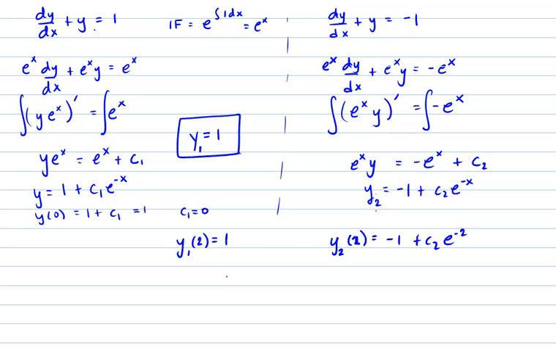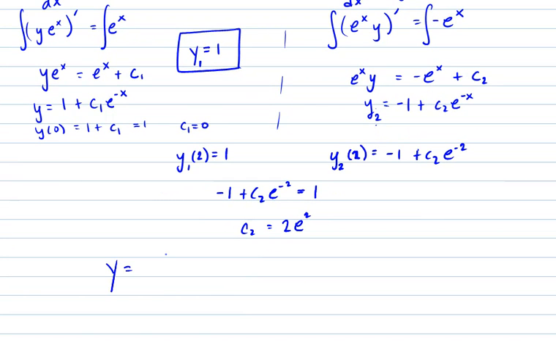And I want these two to be equal, so that means that minus 1 plus c2 e to the minus 2 needs to be equal to 1, or c2 is equal to 2 e squared. Finally, our solution then is y1 and y2, which is going to be 1 from 0 to 2, and minus 1 plus 2 e squared e to the minus x. That is our solution.